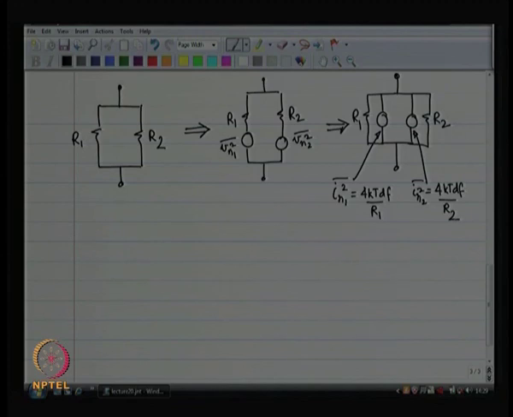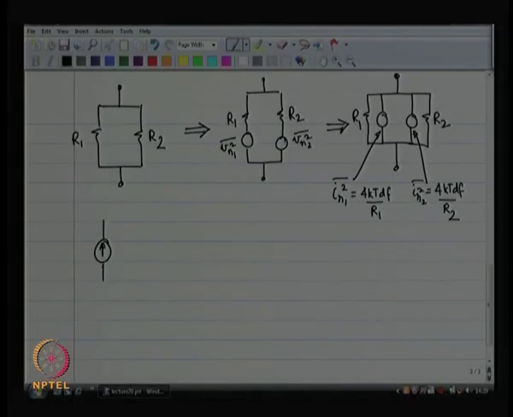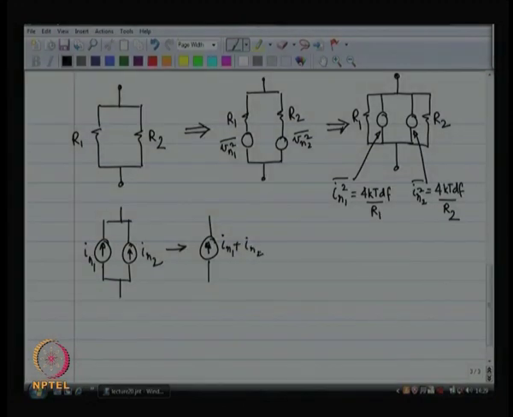Right. Now, when I have two currents in shunt, I can combine the two currents, I can add them up. So, if I have I n 1 and I n 2 in shunt with each other, then I can combine them to be one current source, which is of value I n 1 plus I n 2.